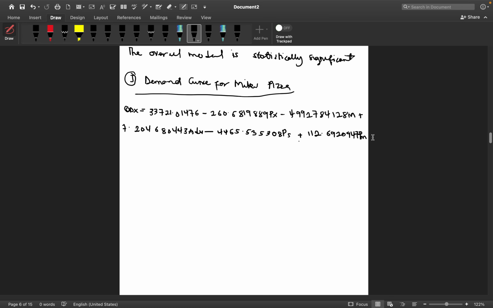So this was the regression equation, the one we solved.